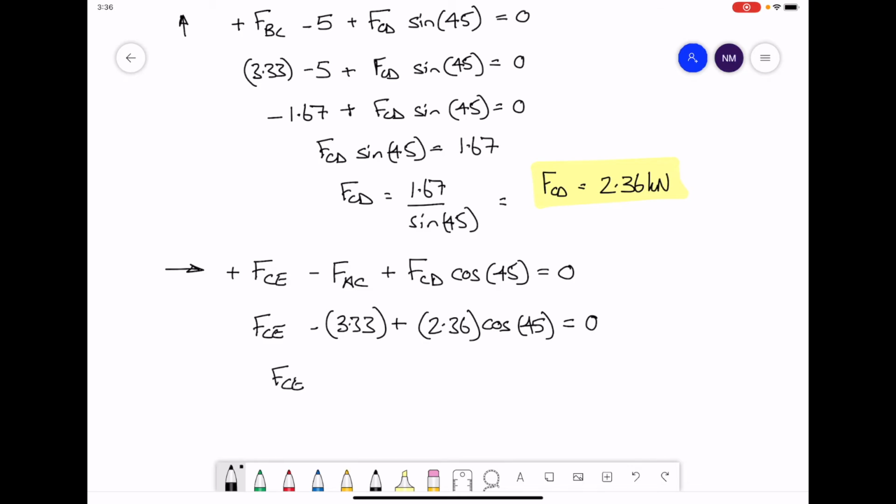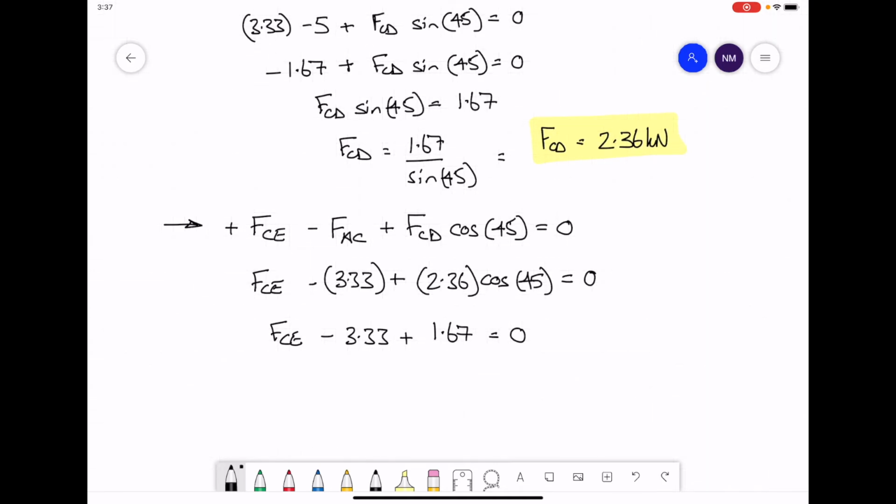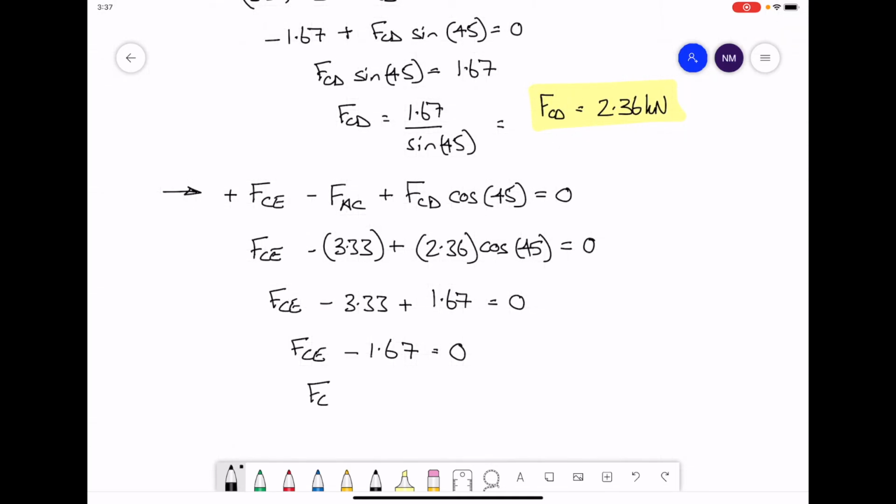Force CE minus 3.33 plus 1.67 equals 0. Force CE minus 1.67 equals 0. Taking it to the other side, force CE is 1.67 kilonewtons.